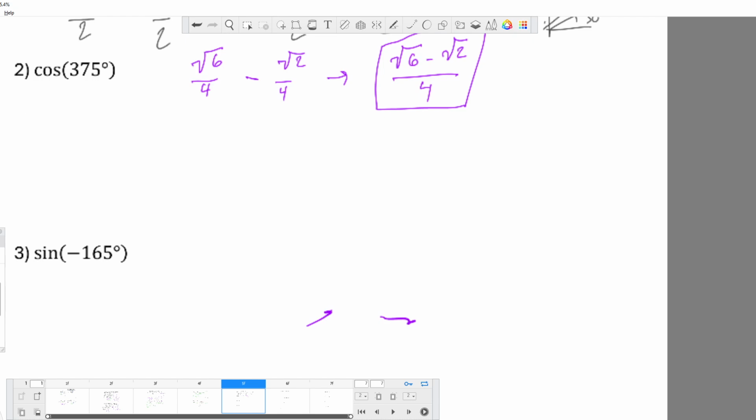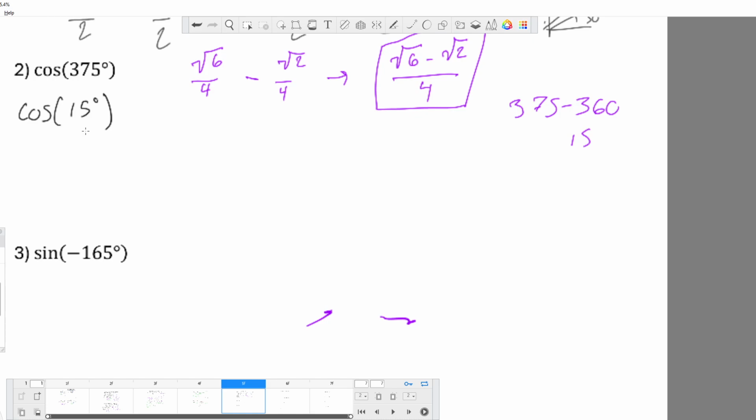You can get your coterminal angle just by doing that angle. So 375 minus 360 will tell me that that's 15. So really we could do the same problem as cosine of 15 degrees. And then we just got to think about how could we get 15 out of our combinations of 30, 45, and 60.